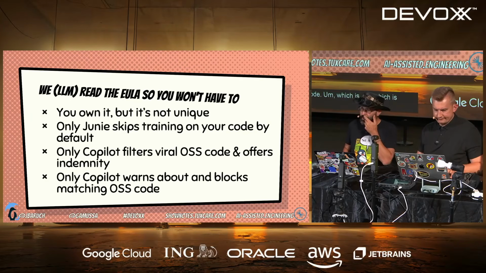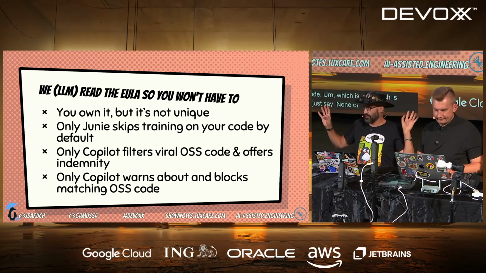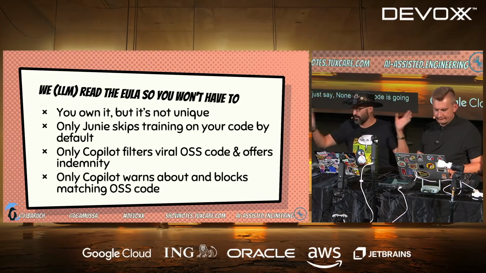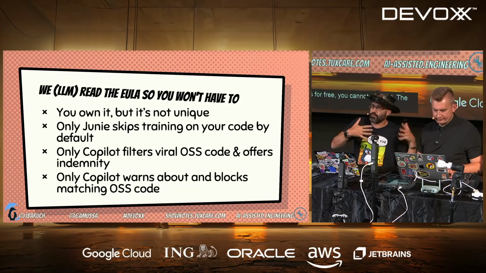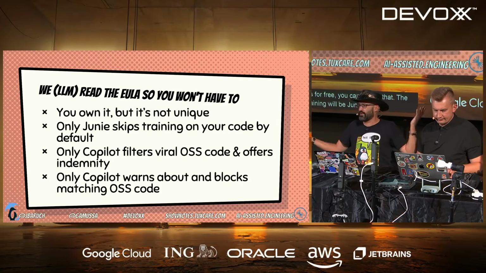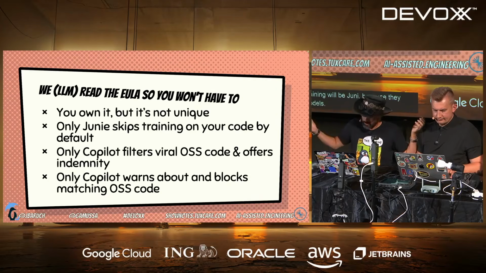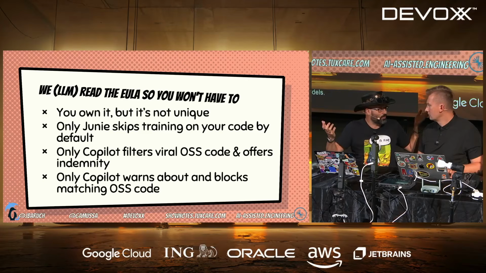You can set it up, and then you can just say none of my code is going to training. It's a feature you will be able to configure. And if you use Copilot for free, you cannot say that. The only ones that won't use your code for training will be Juni, because they have nothing to train. They don't train models, at the moment at least, publicly, of what we know. JetBrains.